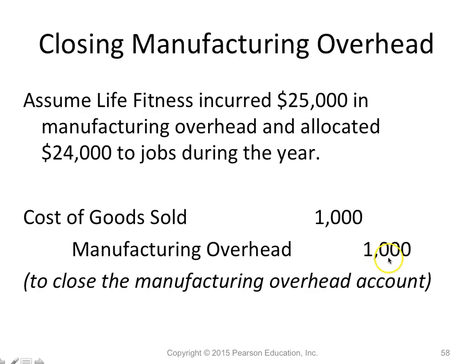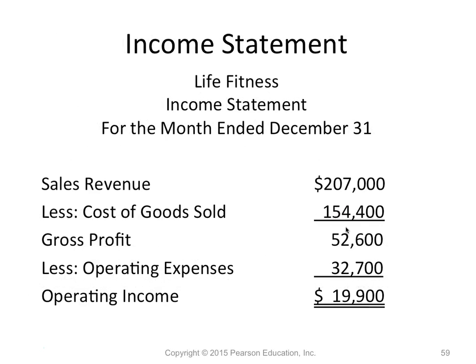We need to credit that, and the credit amount will be debited to cost of goods sold. As we said, manufacturing overhead is like a cost, but it's intermediate. It's a temporary one, so it must be closed to 0 by the end of the period, and so the cost of goods sold will increase by $1,000.